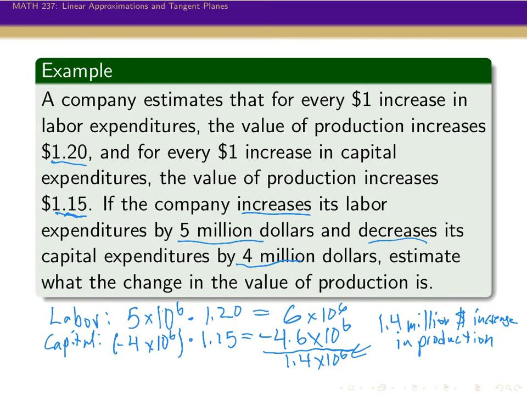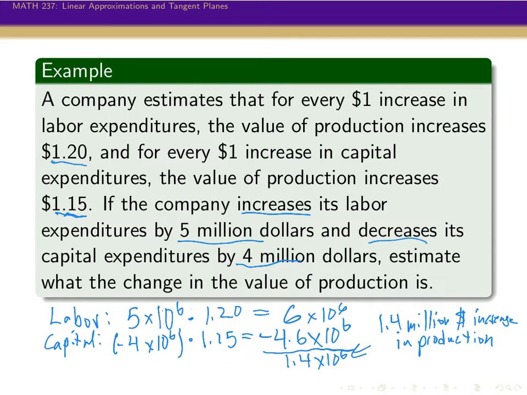But now let's try and look at this in the context of what we've been talking about, in terms of partial derivatives and multivariable functions, right? So at the beginning, we have the $1 increase in labor expenditures. For every dollar increase in labor expenditures, the value of production increases by $1.20.